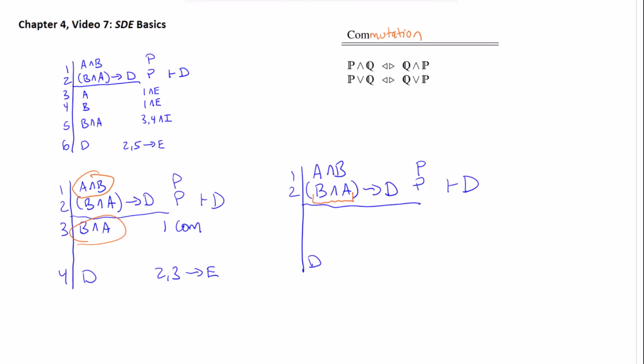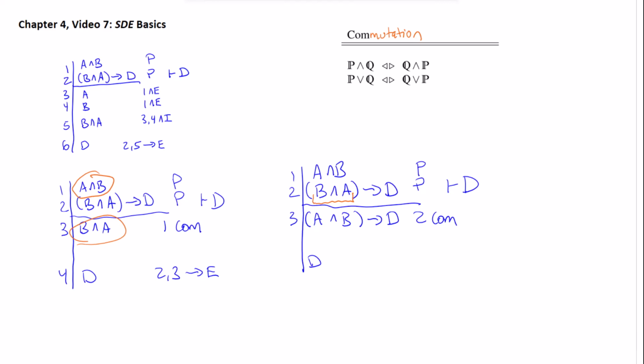So we'll take line 2. This part of it is going to stay as is, and then we'll take the B wedge A in the interior of those parentheses and flip it to A wedge B. So this is 2 commutation, slightly different from what we did on the left, but equally as valid.